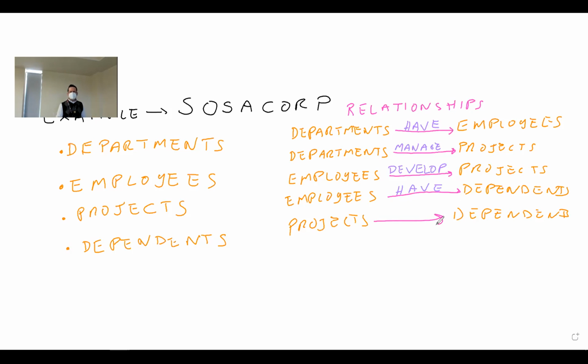So projects and dependents doesn't make sense. I don't need that relationship. Okay, so this one isn't needed. If I'm being systematic, trying to relate everything with everything, then those describe the relationships. Is that clear to everybody? Okay.